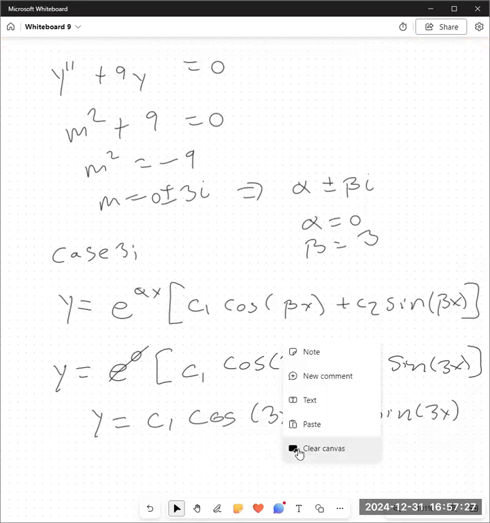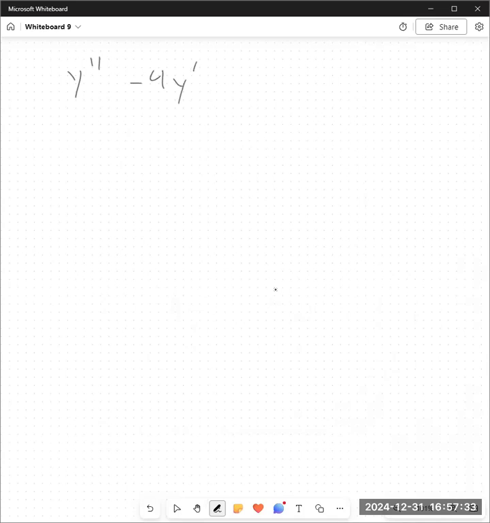Moving along, got y double prime minus 4y prime plus 5y equals 0.